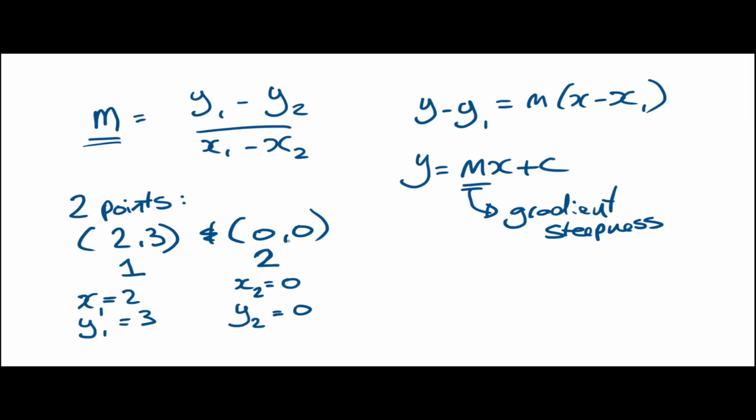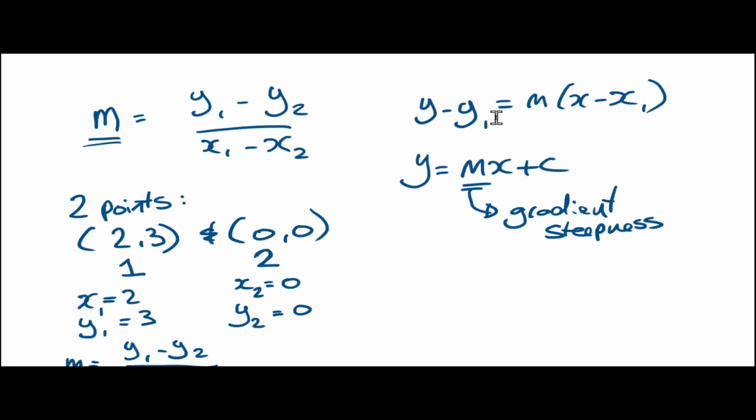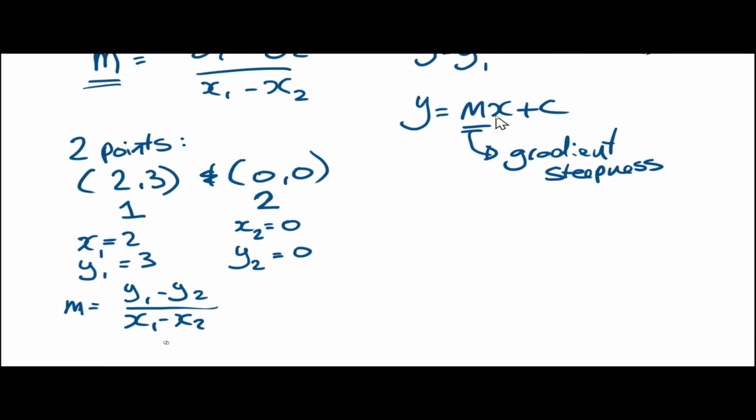And now we have everything in this equation except for m, which we're trying to find. So what would we do then? Well, let's move it up a little bit. The gradient here is going to equal y1 minus y2 over x1 minus x2. It's the same equation.